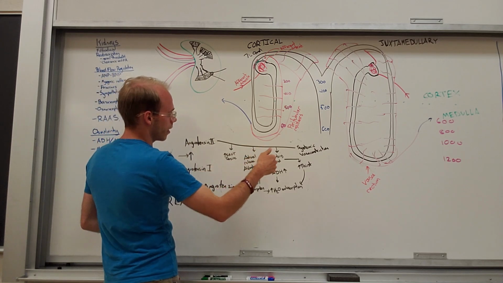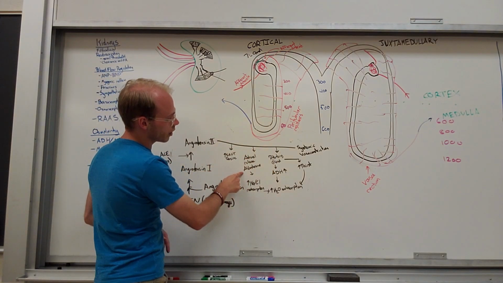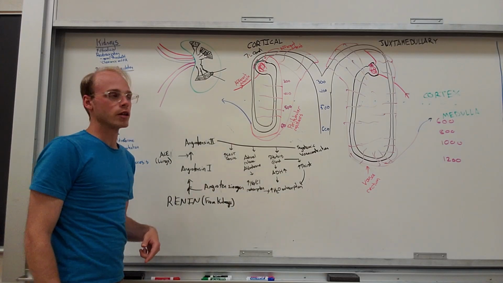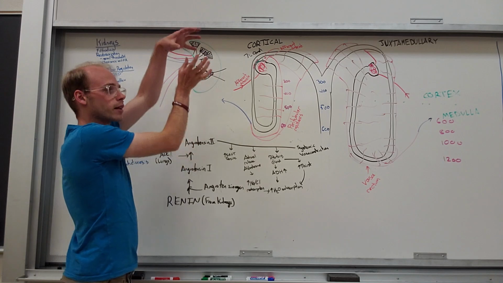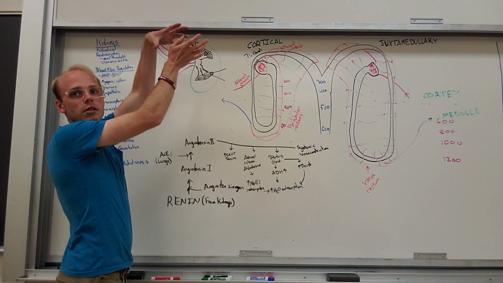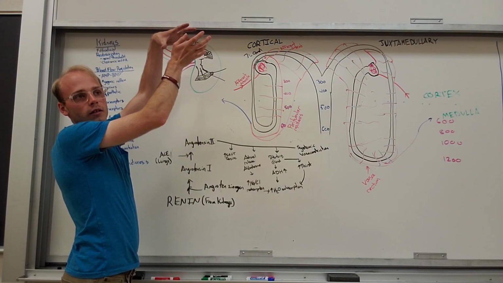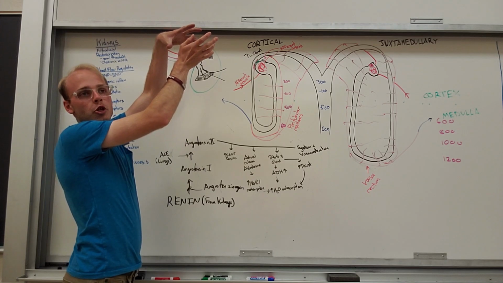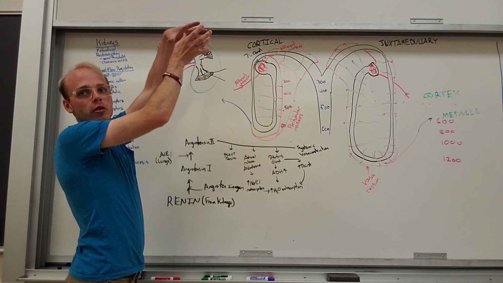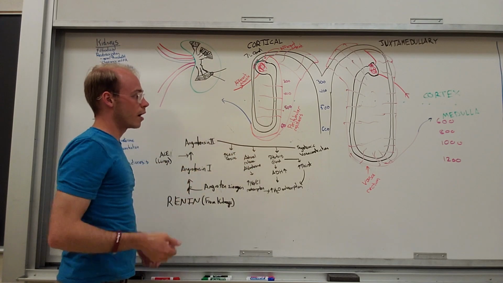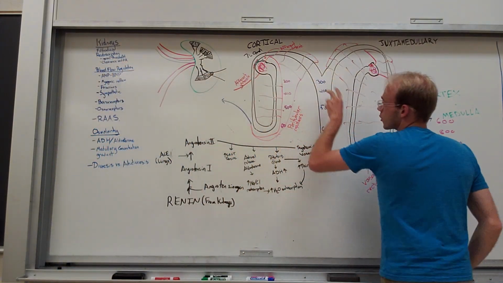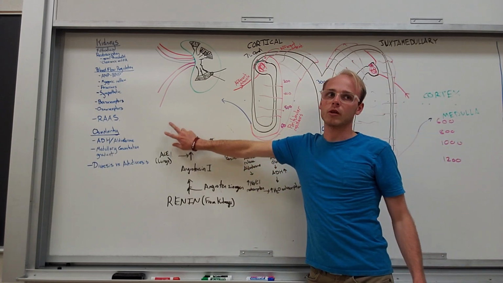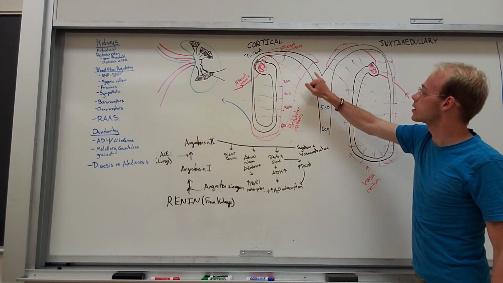It also causes your adrenal glands to release aldosterone. Right above your kidneys, you have a gland called your adrenal glands. This is where we get the word adrenergic or adrenaline, because they make adrenaline. They also make aldosterone. Aldosterone causes your cells, if you remember, we talked about they have sodium and chloride transporters within these cells here.